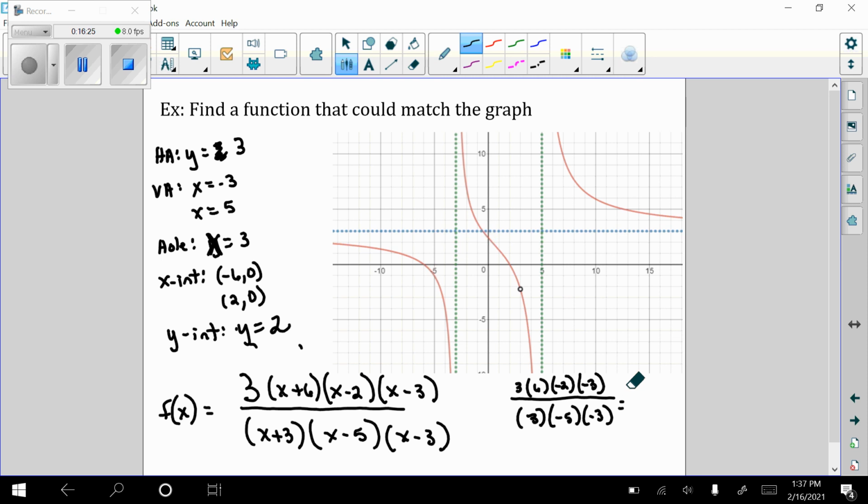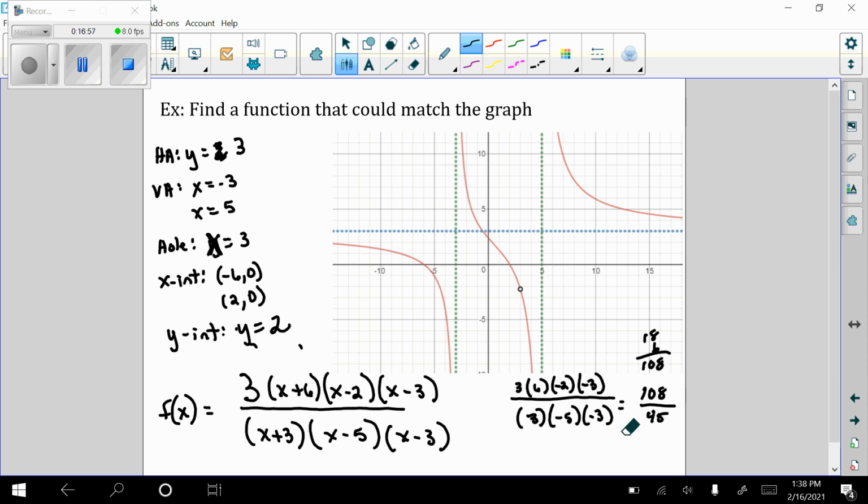So that's going to give me, what do I got? 18 times 6, which is 108, over negative 15 times 3, or negative 15 times negative 3, 45.